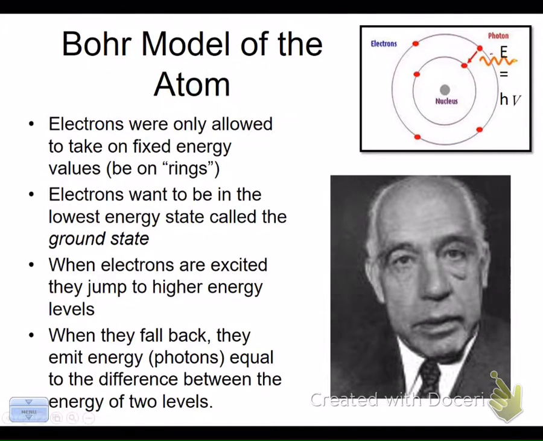So what we're going to show you here in some pictures is that when they fall back, they emit energy. And so that gives us another way to calculate the energy of a photon. Instead of hf, the change in energy is going to be level 2 minus level 1, for example. So that would be the energy associated with level 1 minus the energy associated with level 2.